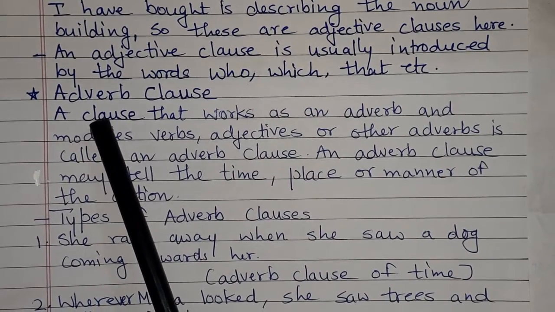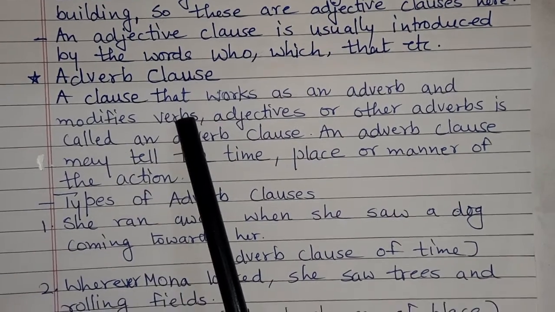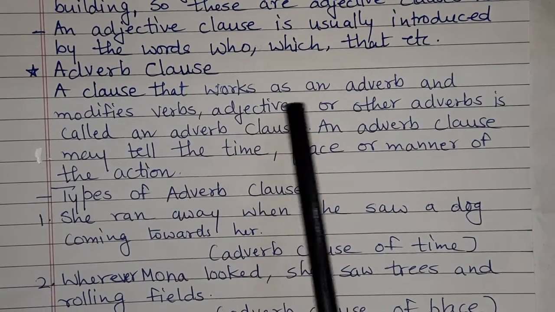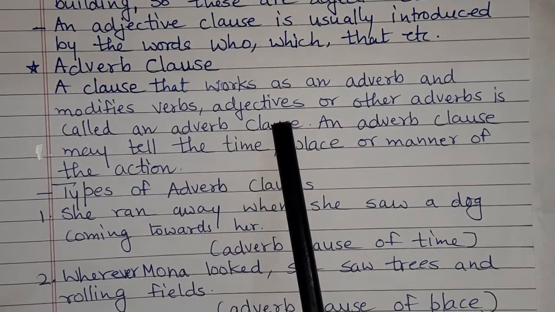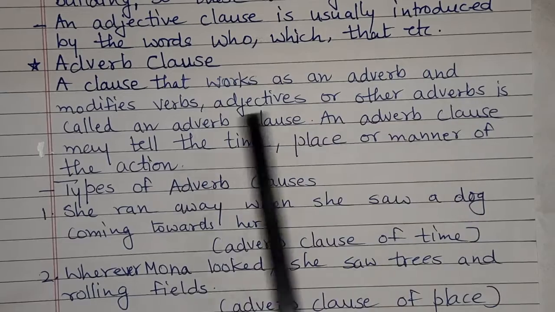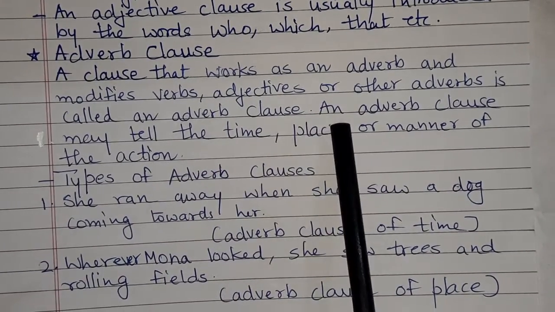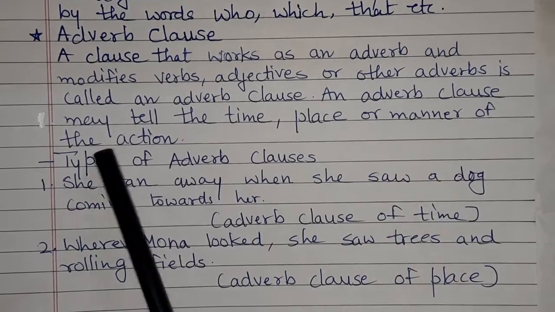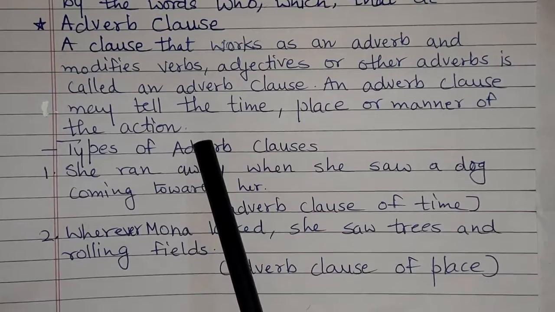Then, adverb clause. A clause that works as an adverb and modifies verbs, adjectives, or other adverbs, is called an adverb clause. An adverb clause may tell the time, place, or manner of the action.